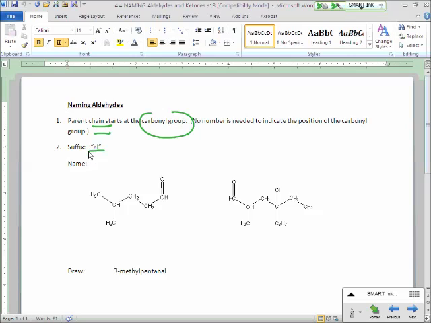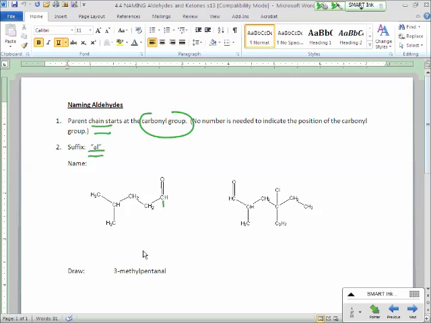And instead of ol, we give it al as the ending. So instead of pentanol, you could have pentanal. Now, in an aldehyde, the carbonyl group is always number one because it's always at the end of the chain. And so we don't need a number to tell us where the aldehyde group is.